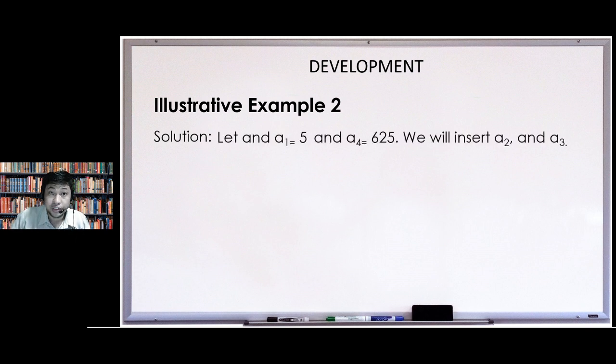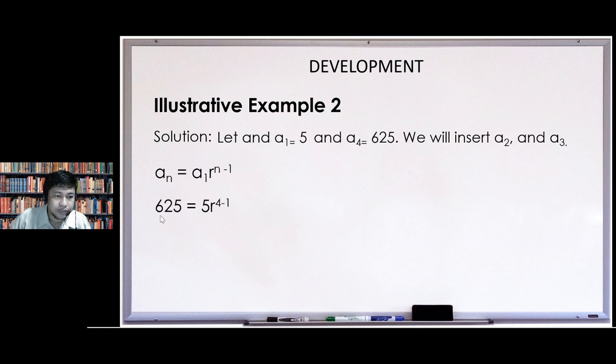To find the common ratio, we will be using the first term, which is 5, and the last term, which is 625, since we will be inserting 2 geometric means, and those are a sub 2 and a sub 3. Okay? So using the formula a sub n is equal to a sub 1, which is the first term, multiplied by the common ratio, raised to the quantity n minus 1.